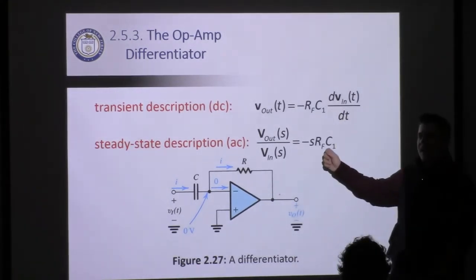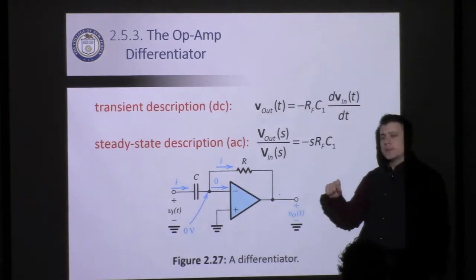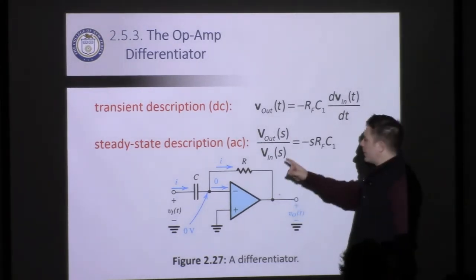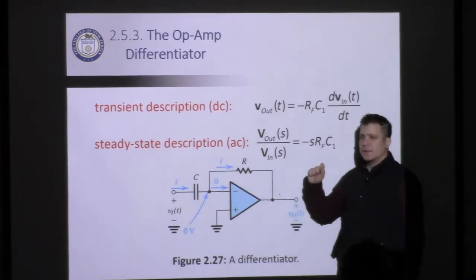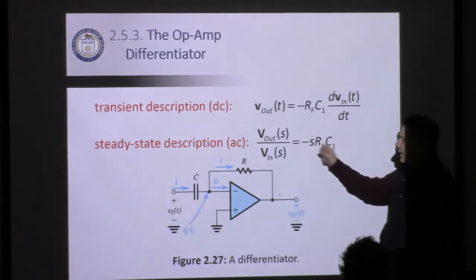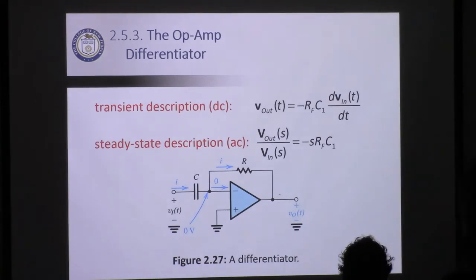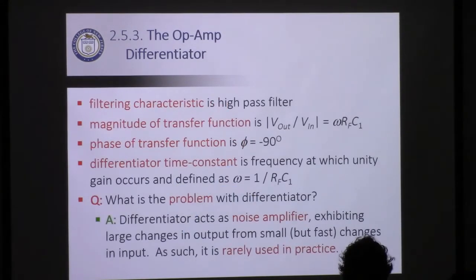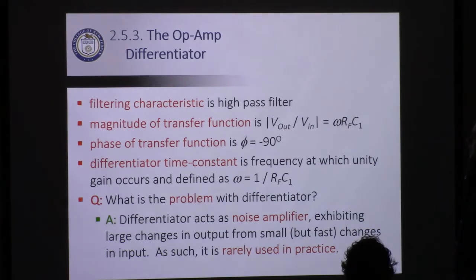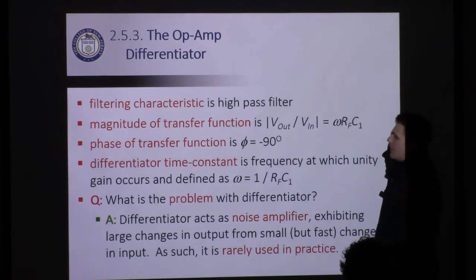As you can see, unlike the integrator, this op-amp presents a high-pass filter type behavior, where the gain gets larger as the frequency increases. So some basic characteristics of the differentiator type op-amp, right? The filtering characteristic is that similar to a high-pass filter.